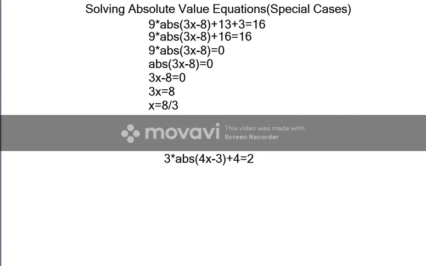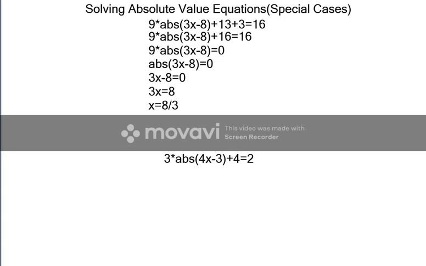For our second question, we have 3 times the absolute value of 4x minus 3 plus 4 equals 2. When solving this question, we have to make sure that we know what type of solution we're going to get. In order to do that, you can't just know immediately.